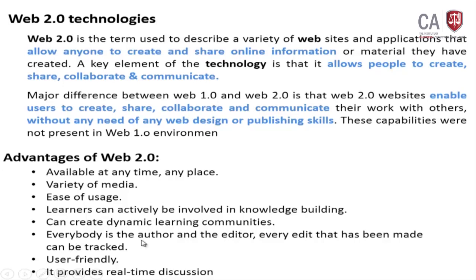Everybody is the author and the editor. Every edit that has been made can be tracked. It is user friendly and provides real-time discussion. When you read these advantages, I think your mind goes to Facebook. Facebook has all of these things because it uses Web 2.0 technology.